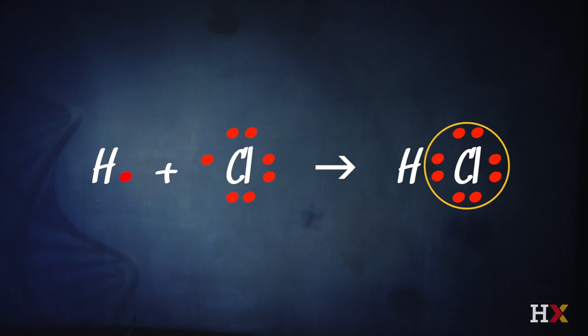So we have an octet of electrons, and we have a duet of electrons around hydrogen. So in the second and third row of the periodic table, we form these octets, the most stable form, for all of the species except hydrogen, which has the duet.